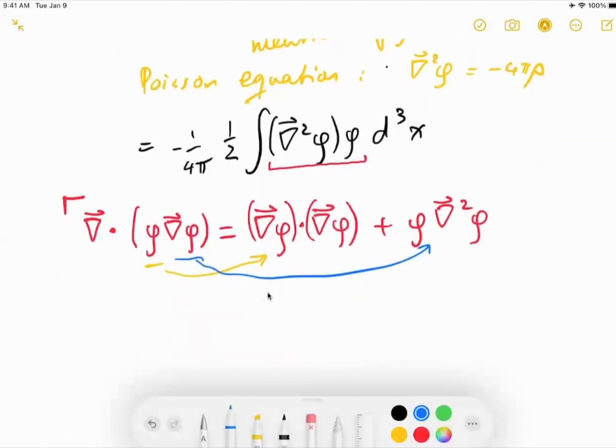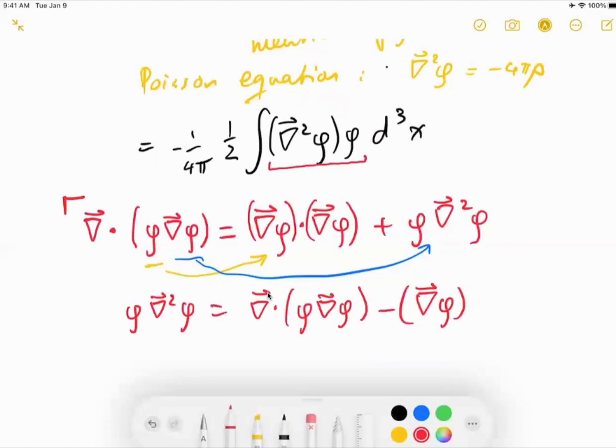So therefore, we can write phi Laplacian phi as the divergence of this funky term minus the gradient of phi squared.